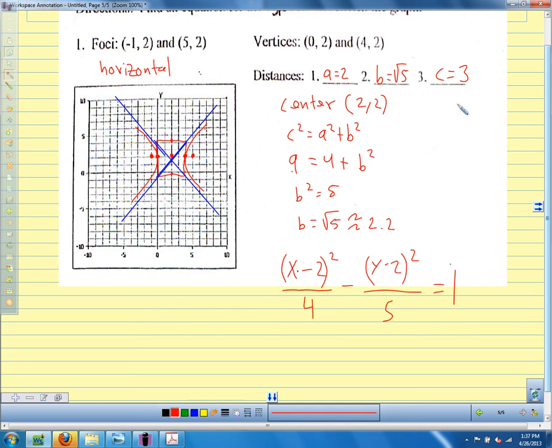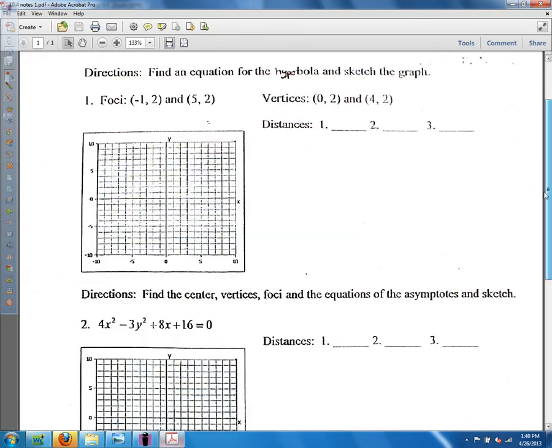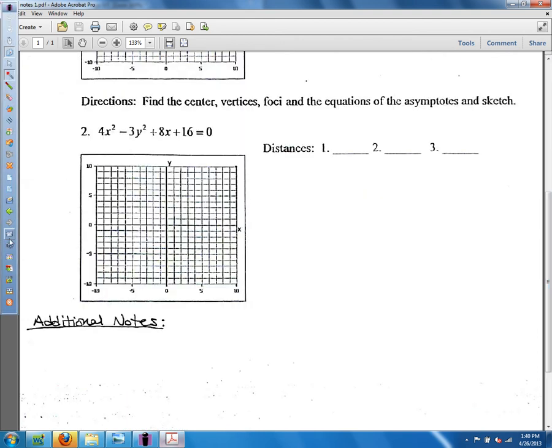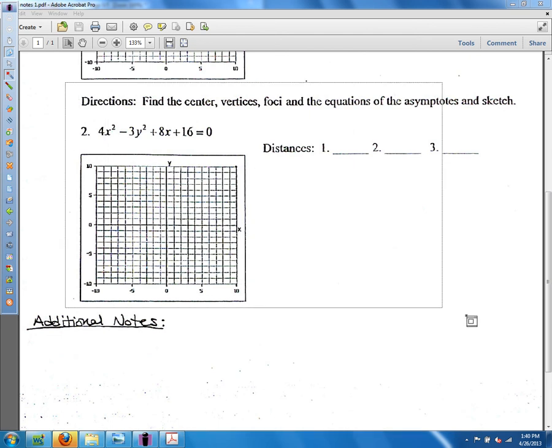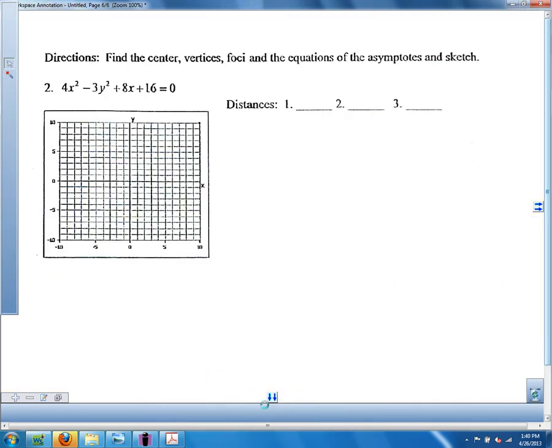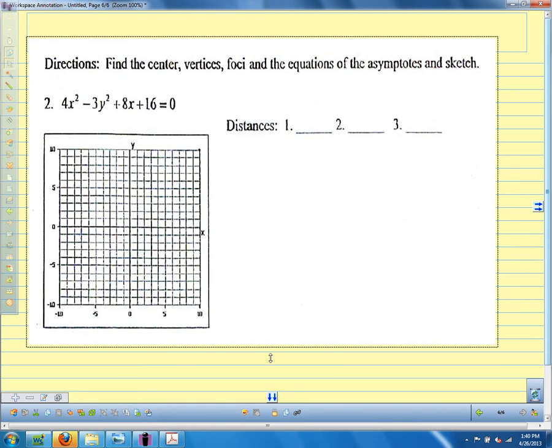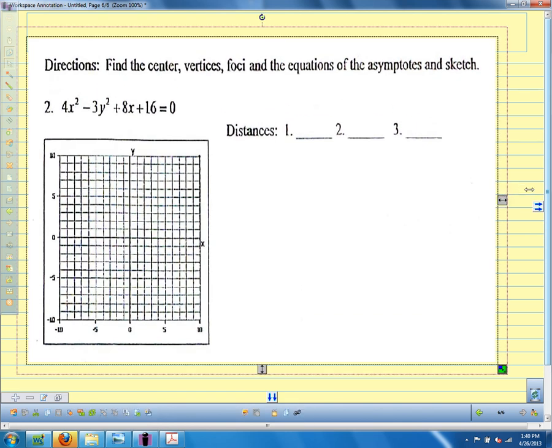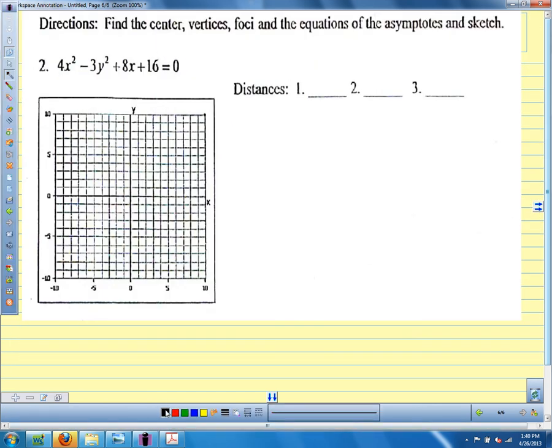All right, let's do the second example there. All right, so here we have this equation. We're doing the same problem.